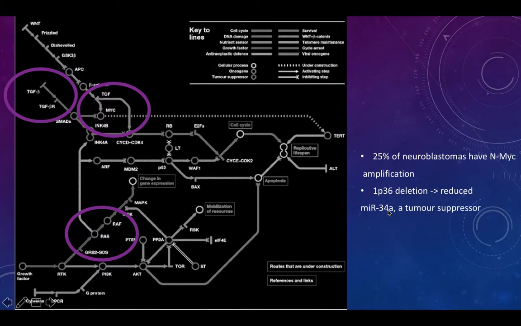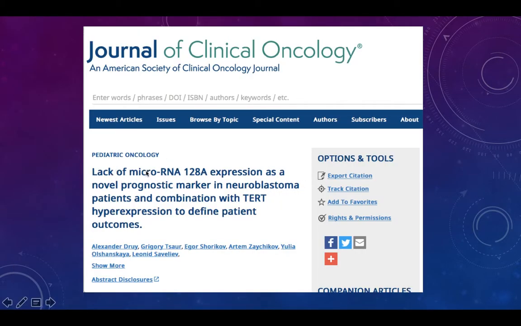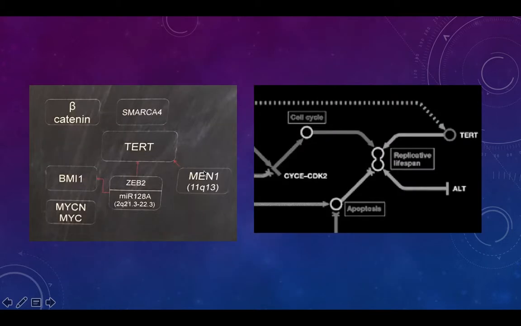For 34A, I don't know exactly how it acts, but its reduced expression comes from a 1p36 deletion, which is a well-established prognostic factor. And loss of microRNA 128A upregulates TERT, which plays some role somewhere along the way in oncogenesis.